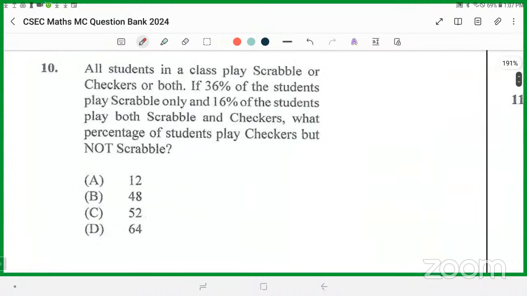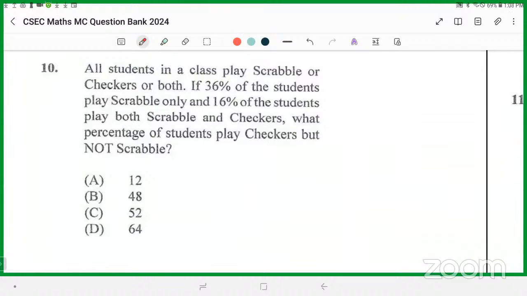It says all students in a class play Scrabble, or checkers, or both. Once I get into percentages, guys, you know that the total percentage is 100, everything must add up to 100.